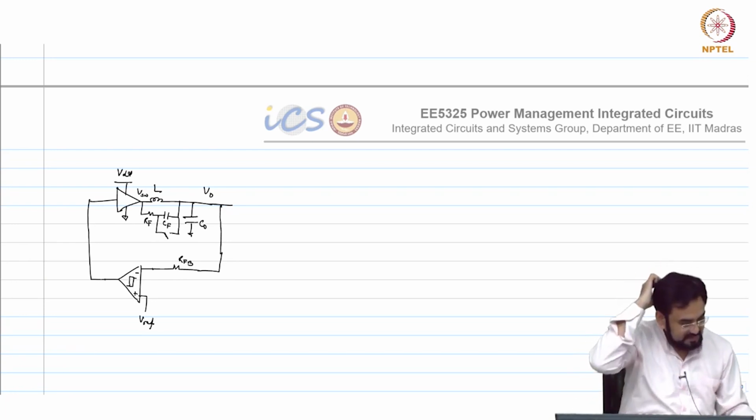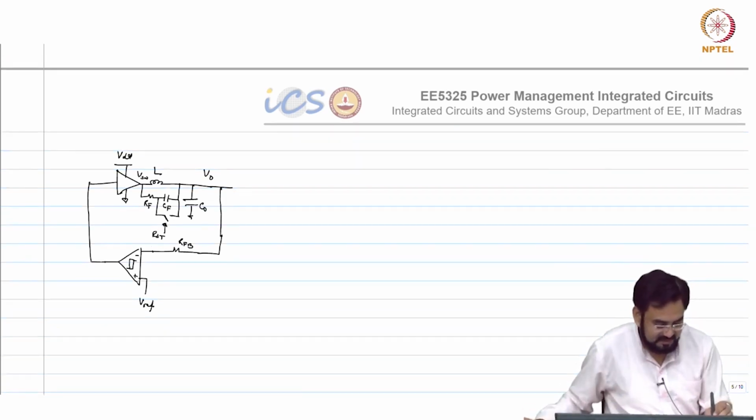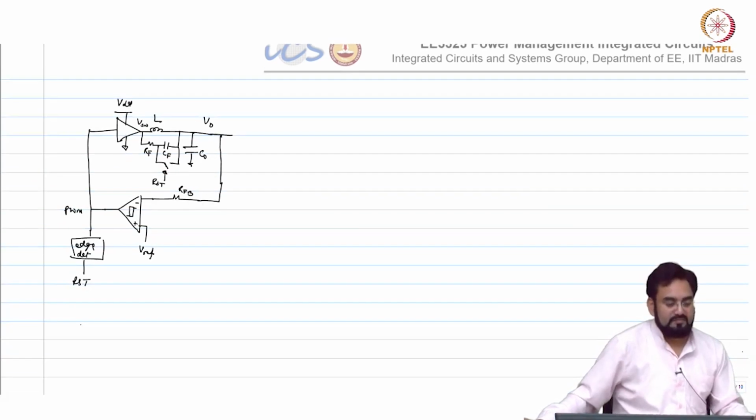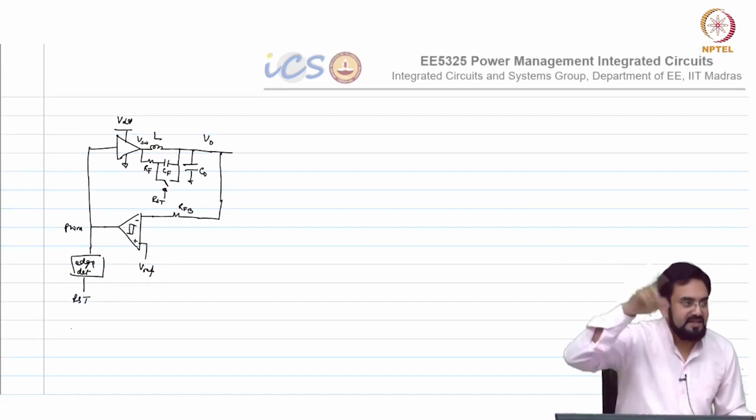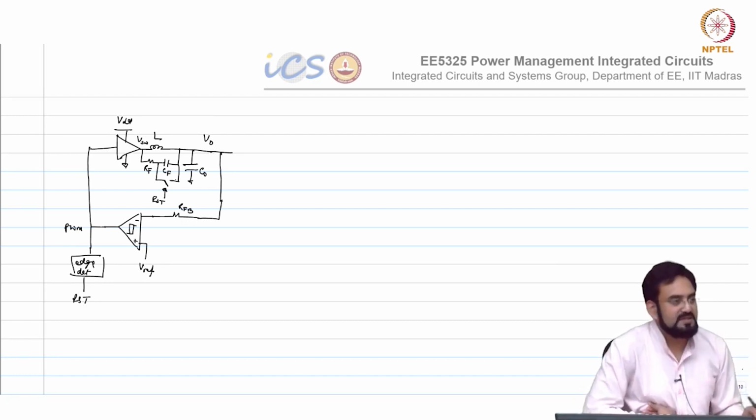What if I do this and this switch is controlled by some reset signal which is derived from... So what would happen at every edge, whether it's a positive or negative, it will get reset to that voltage at the output.